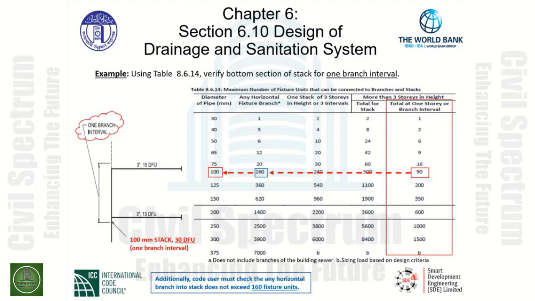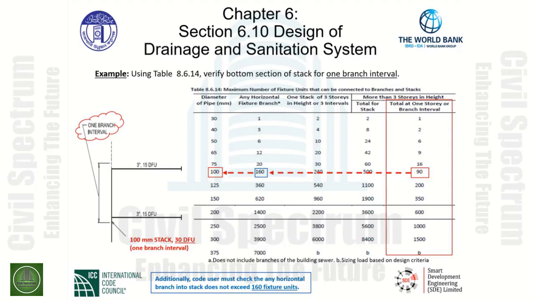The total load on the bottom of the stack below both floor levels is as follows. We add up the total from the upper horizontal drain, 15 drainage fixture units, plus the horizontal branch on the lower level, another 15 drainage fixture units. Our stack for one branch interval must be able to carry 30 drainage fixture units.